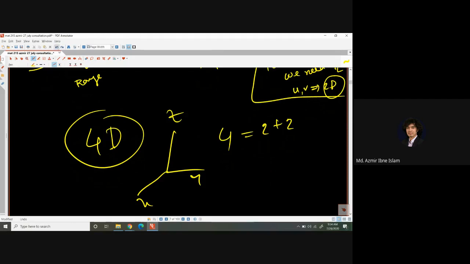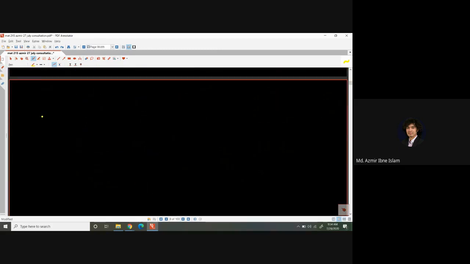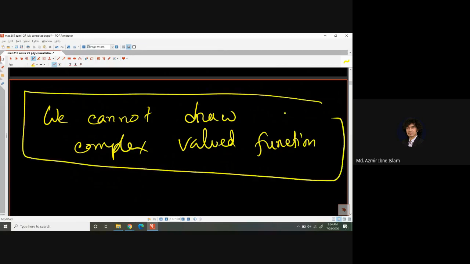So is it possible? No, it is not possible. So we can conclude that we can't draw a complex valued function.